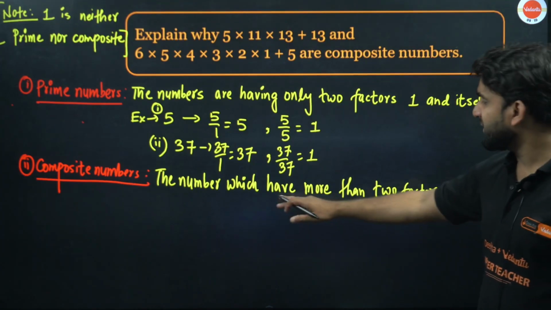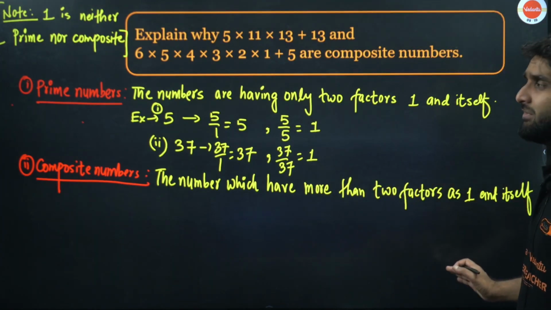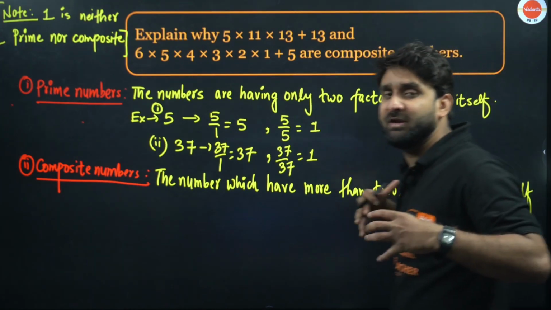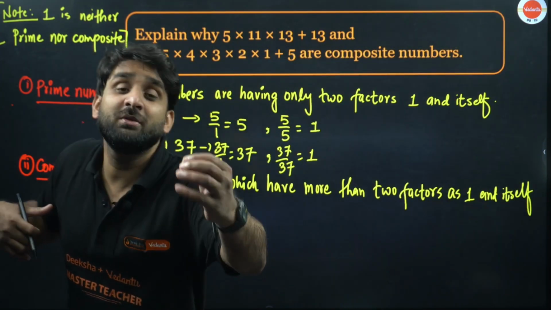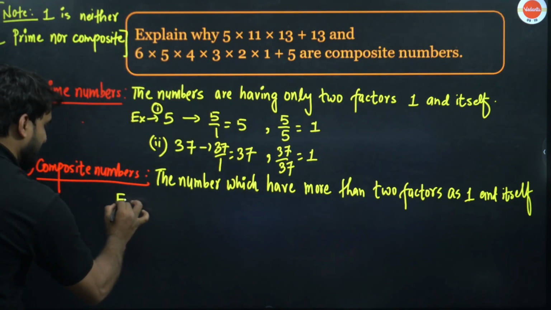So the numbers which have more than two factors. The numbers which have 1 and itself as factors, but apart from 1 and itself, there will be so many other factors. For example, the first composite number starts from 4.